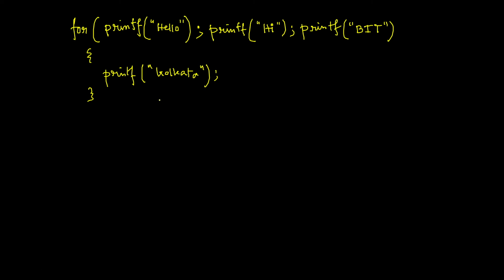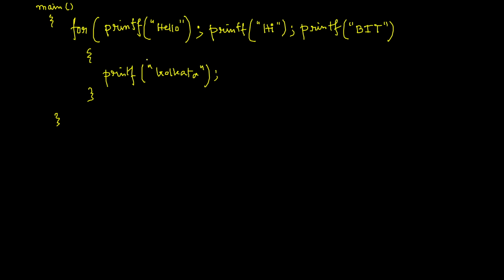So if I run this code, assume that we have a main function over here, and maybe some other predefined functions are present. I'm ignoring those parts; I'm interested only in this part. If I run this program, what will be the output?